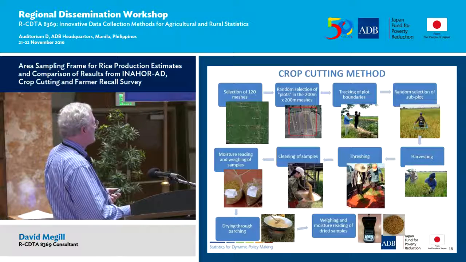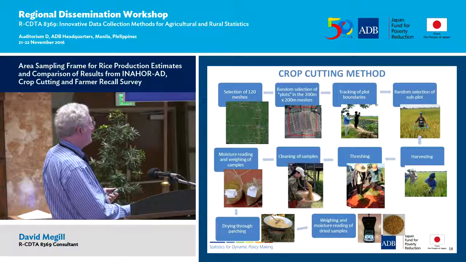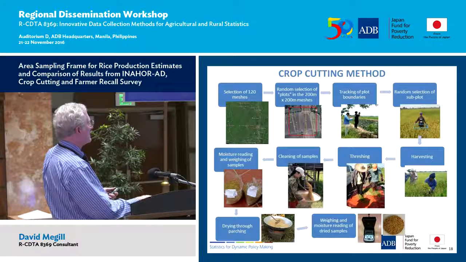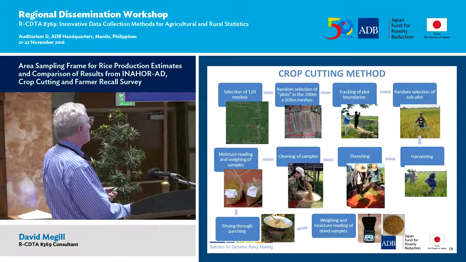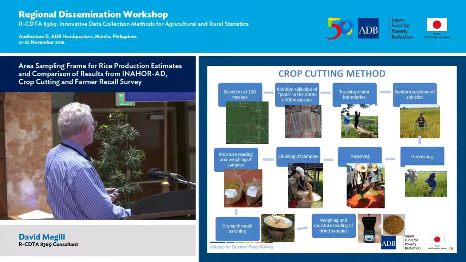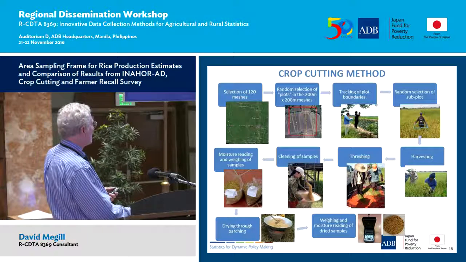And then once that subplot is harvested, there's threshing, cleaning the samples, moisture reading and weighing of the samples, drying through parching, and the weighing and moisture reading of the dry samples.